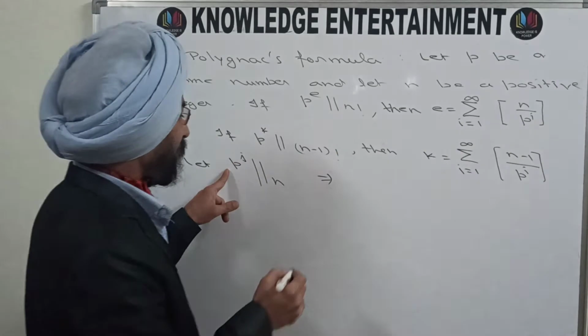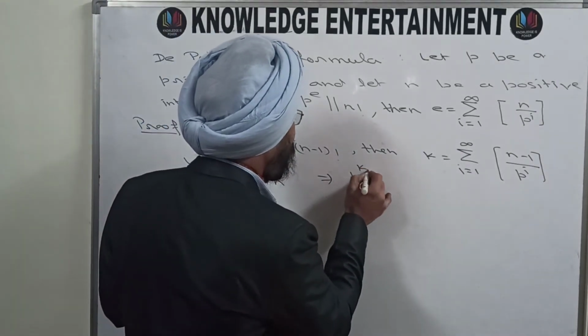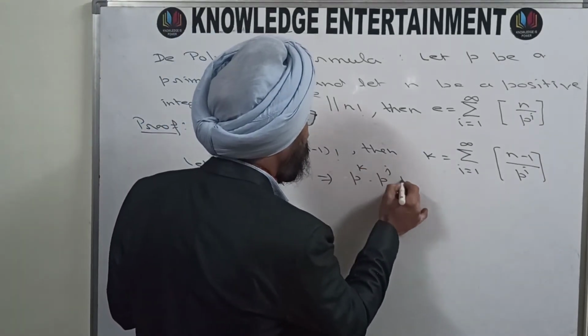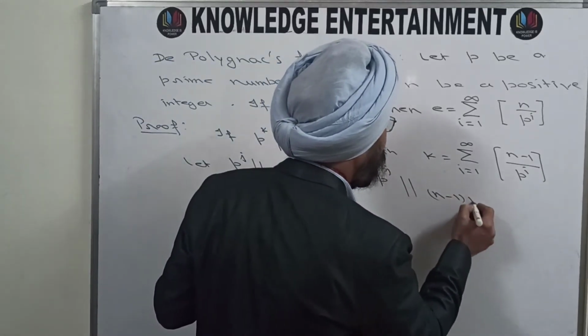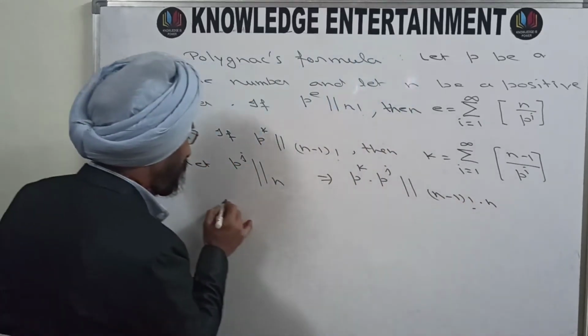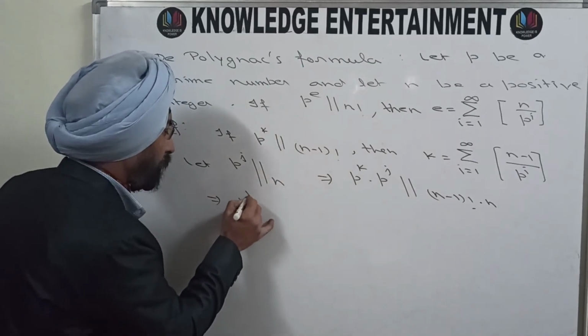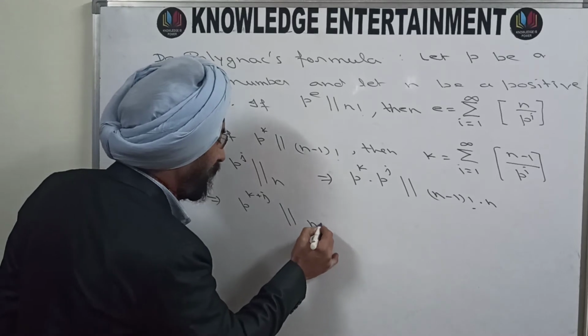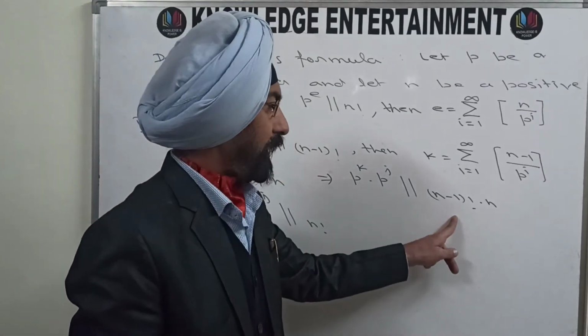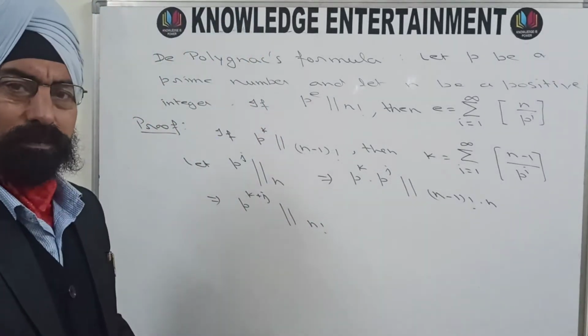So their product p power k into p power j max divides (n minus 1) factorial into n. That means p raised to the power k plus j max divides n factorial, since n into (n minus 1) factorial is n factorial.